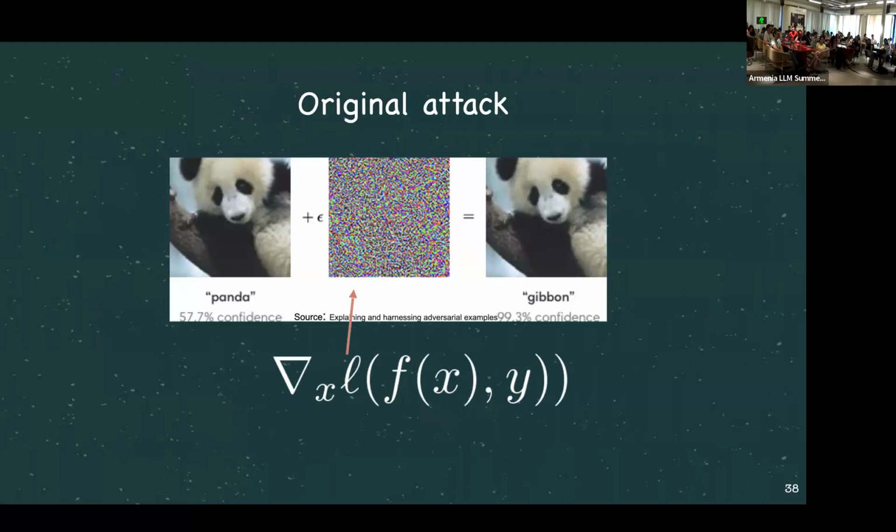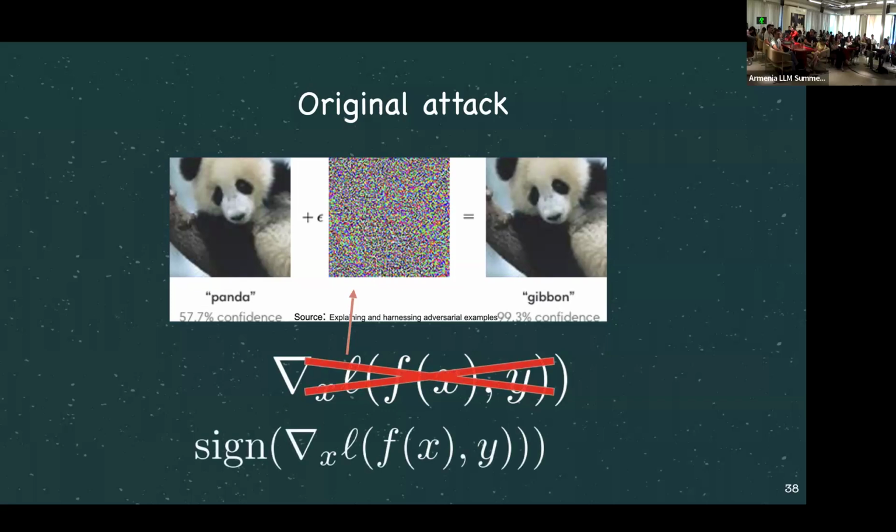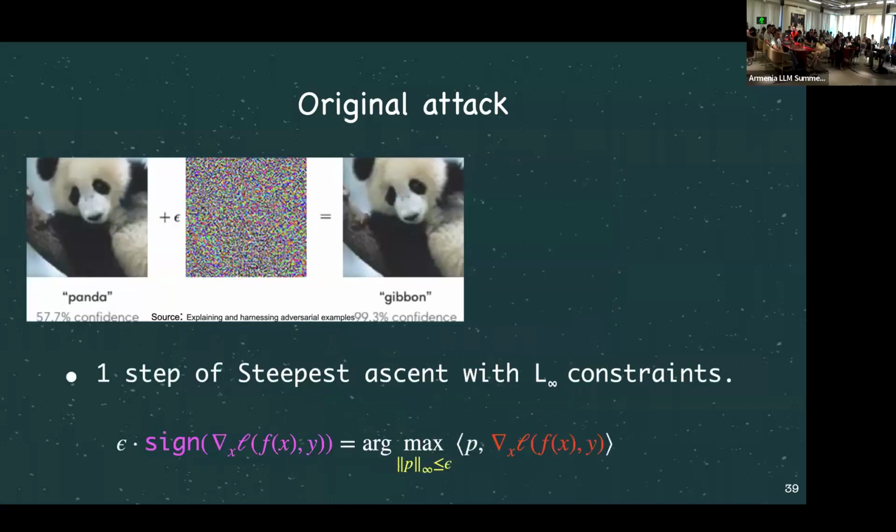You would change some pixels by a large amount and some by a tiny amount. So you may not maximize under the constraint, because you are allowed to change everything by at most epsilon. You want to saturate the constraint. The idea is that instead of using the gradient, you use the sign of the gradient, because this way, if the sign is positive, you want the pixel to be plus epsilon, and if the sign is negative, minus epsilon. It's actually a better way to maximize.